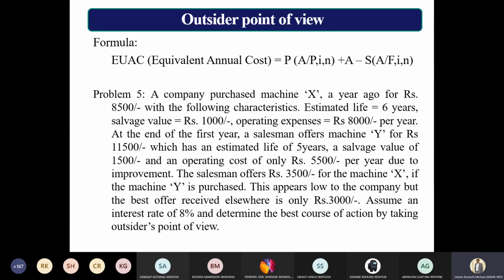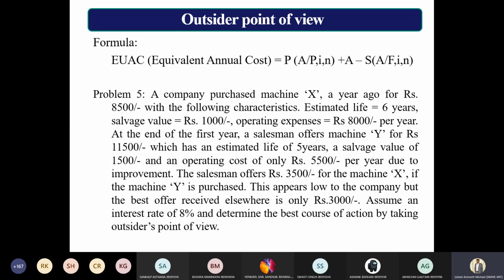Now to spend another 11,500, that is 16,500 plus 11,500, will be very difficult for the company because in a year's time they will be spending a total of 28,000 rupees. That is 8,500 plus 8,000 plus 11,500. So the company will not be in a position to take a call. Usually they decide what is better.